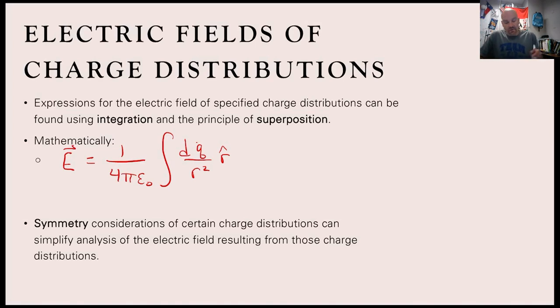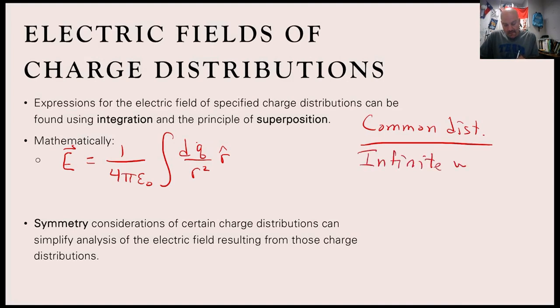Now, what are some of these common distributions? You have an infinite wire, which is a really long wire, and that allows you to not worry about any contributions from the ends of the wire. Then a finite wire, where you would have to factor in those ends.